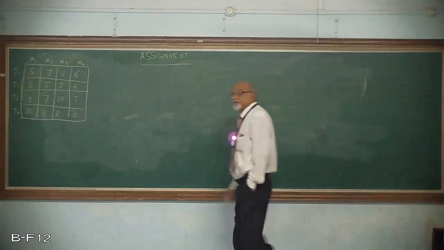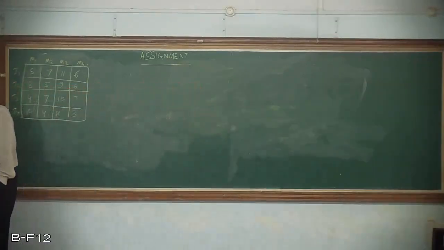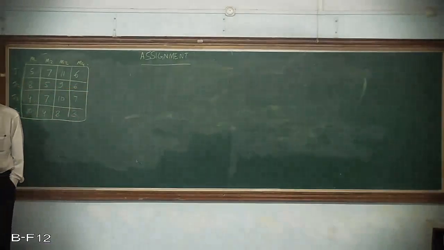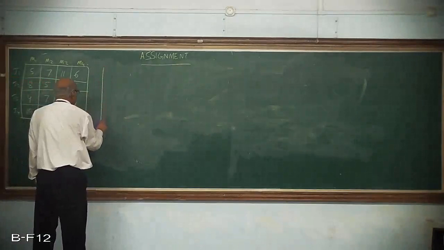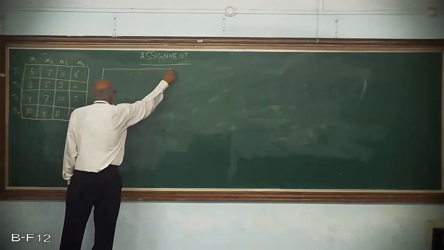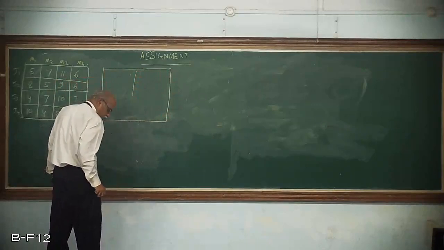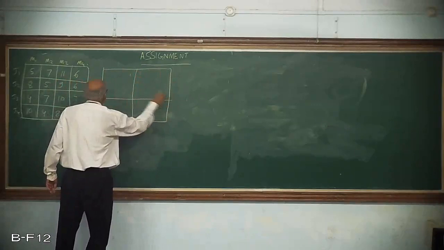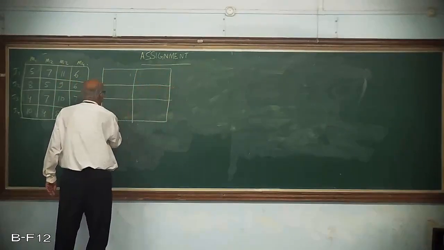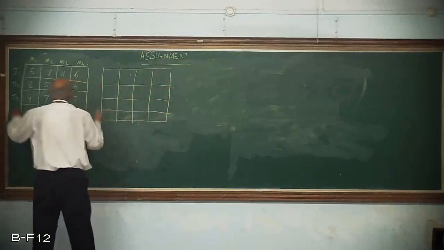So what is the next step now? Next step, I need to create 0 in each row and each column. Okay, let me do that. Okay, J1, M1 I will not write.